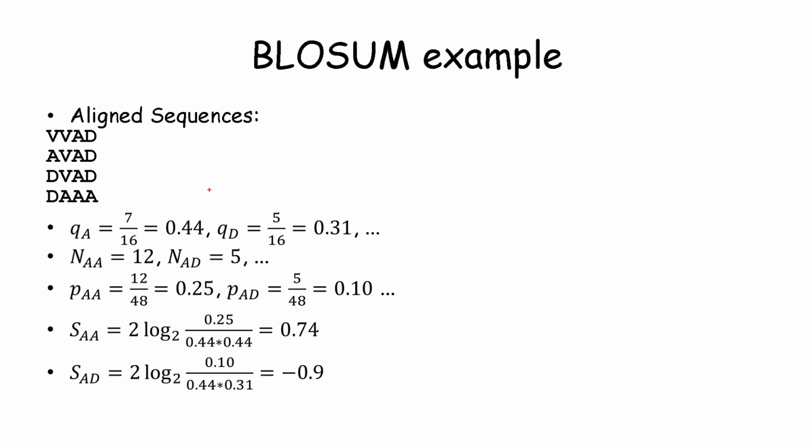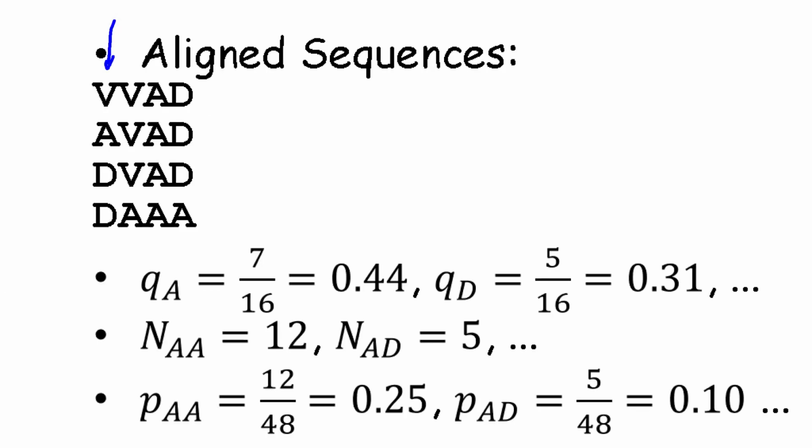Let's count. In the first column, there are no pairs of A's. In the second column, there are no pairs of A's. In the third column, there are 1, 2, 3, 4, 5, and 6 pairs. But we have to remember to use each A as a source, so going the other way will give us another 6, giving us a total of 12 times.